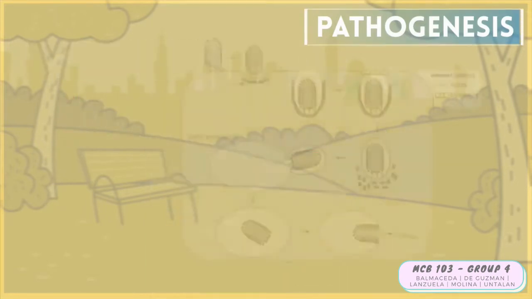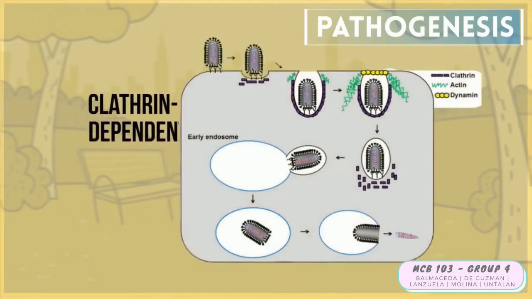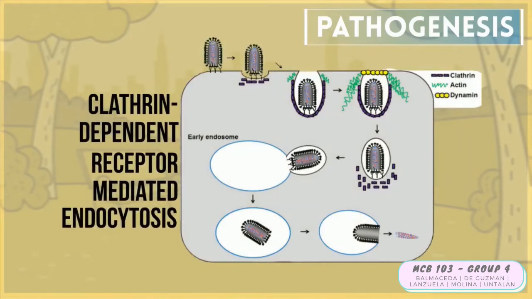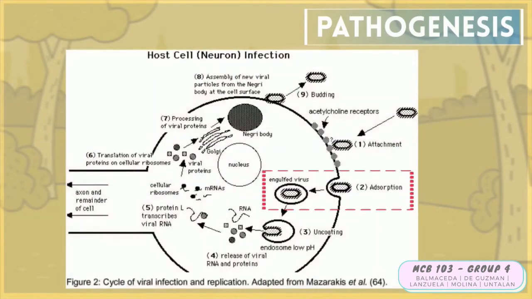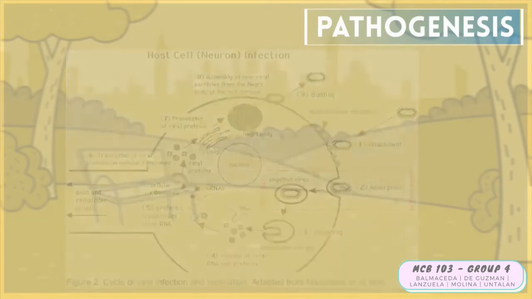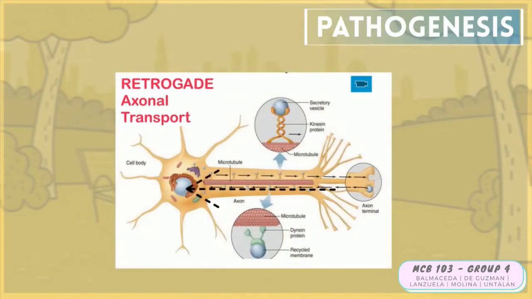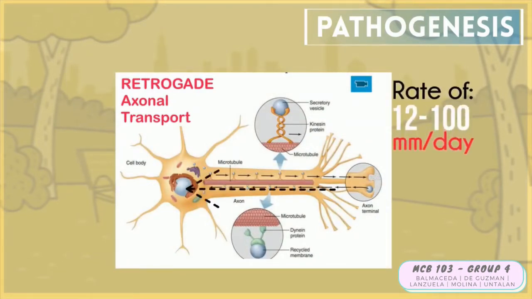Then, the virus is internalized via clathrin-dependent receptor-mediated endocytosis. The RABV-containing endosome enters the axon terminals and directly travels to the central nervous system via retrograde axonal transport at a rate of 12 to 100 mm per day, where it extensively replicates.